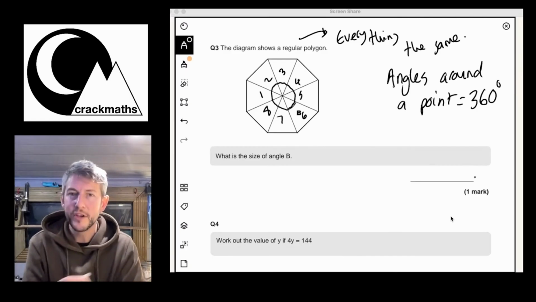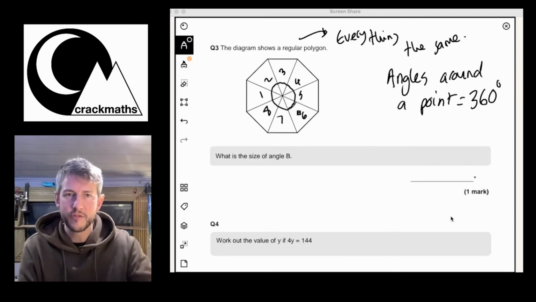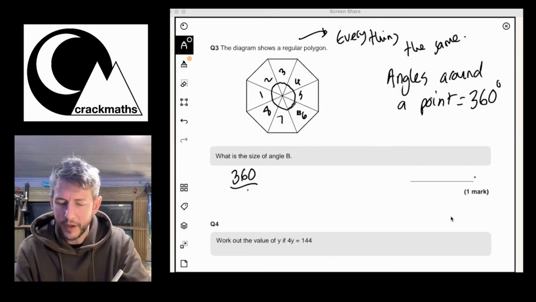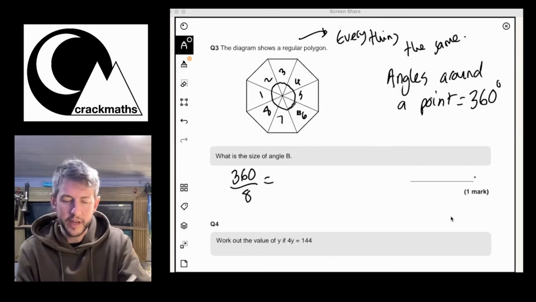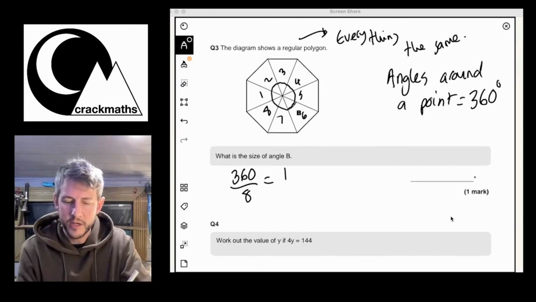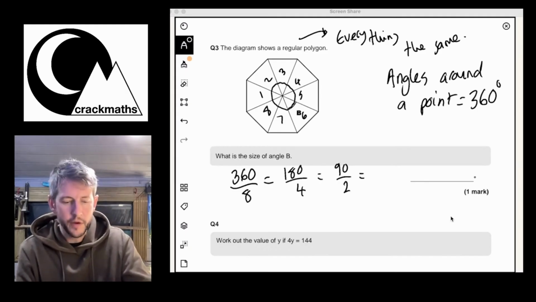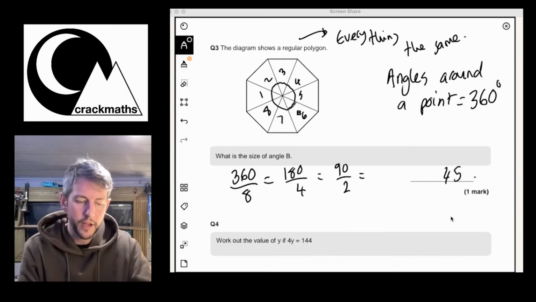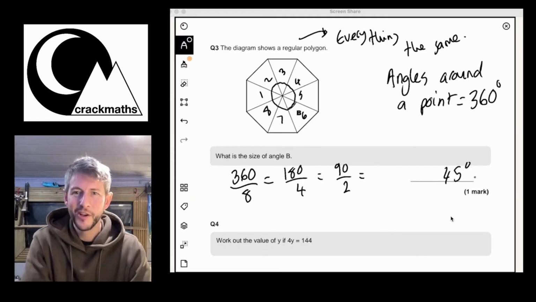So we're going to have to divide that 360 degrees by 8. So we're looking at 360 divided by 8. I'm going to simplify this by dividing by 2. So that's going to be 180 over 4, which will be 90 over 2, which I know, half of 90 is 45 degrees.